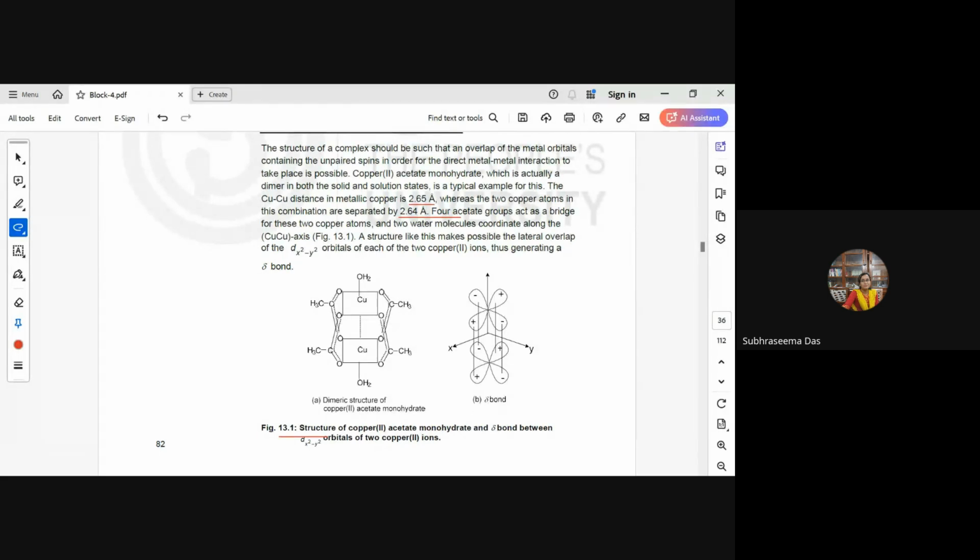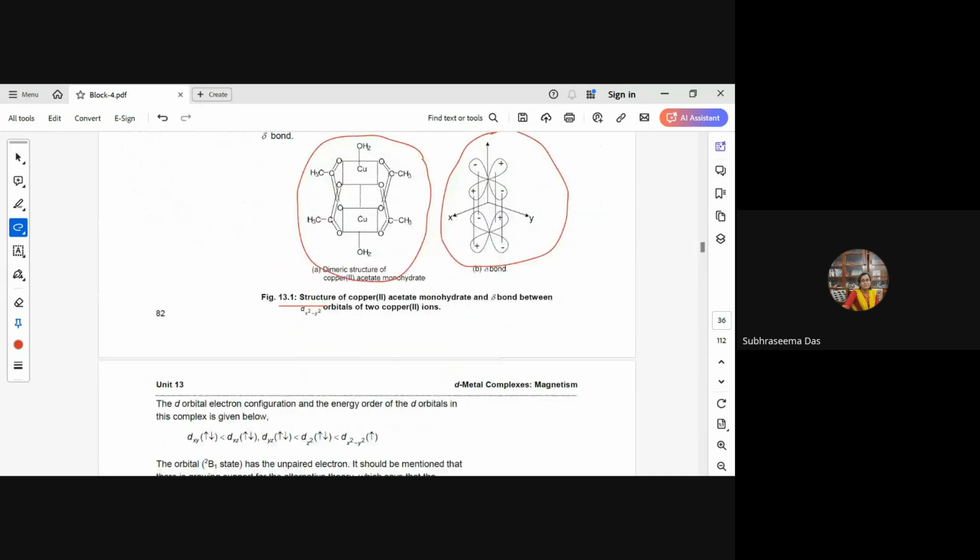Because of the dimeric structure represented in figure 13.1a, a lateral overlap of the dx square minus y square orbitals is possible. Because of this lateral overlap, represented in figure 13.1b, a delta bond is generated.